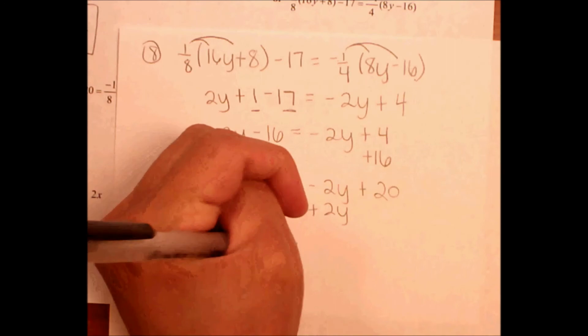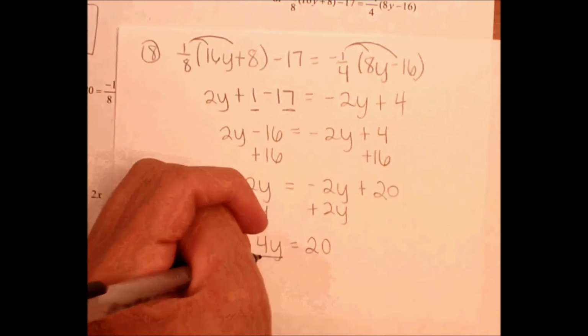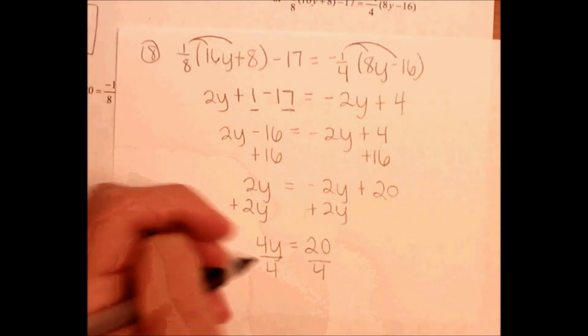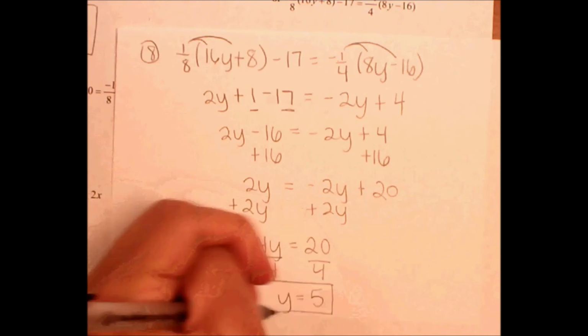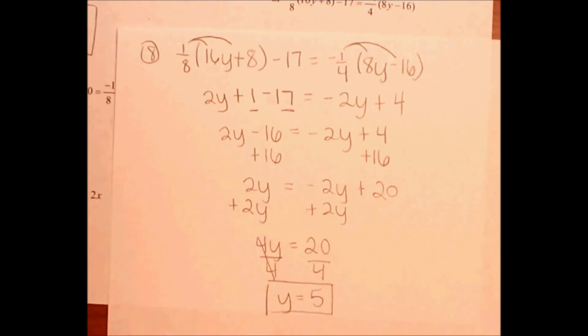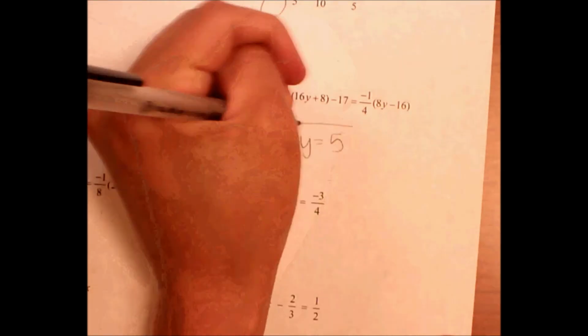So 4y equals 20. Divide both sides by 4. y equals 5. So number 8, y equals 5.